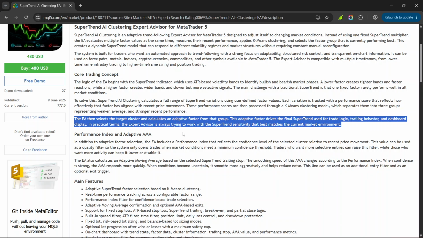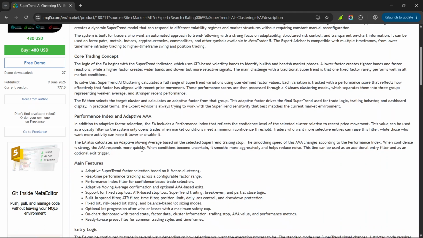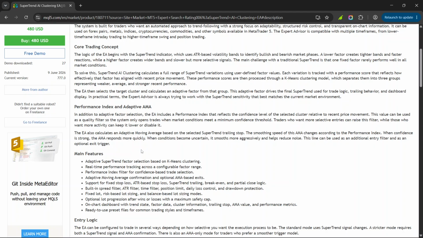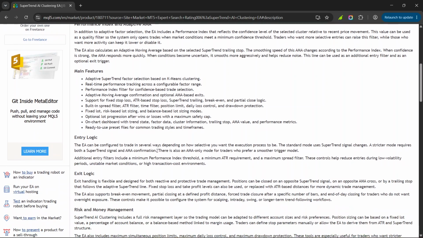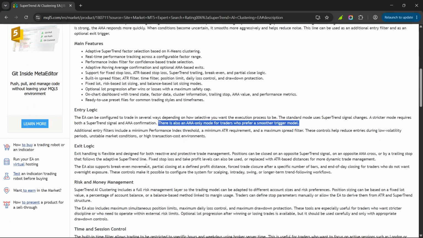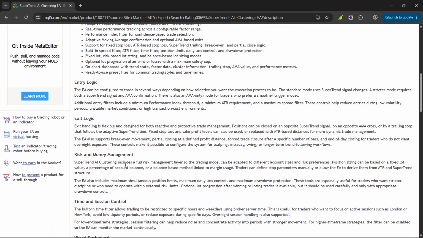The entry logic can be set to standard SuperTrend signal changes, or stricter with AMA confirmation, or even AMA-only mode. As you can see here, the exits are flexible: opposite signal, trailing, fixed or ATR-based stops and takes, break even, partial closes, time-based exit, you name it.